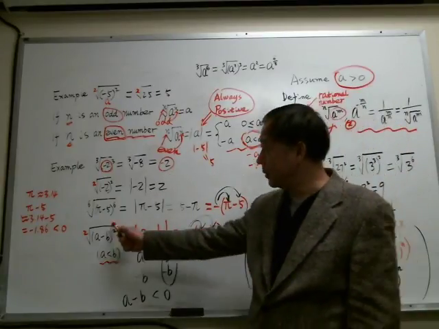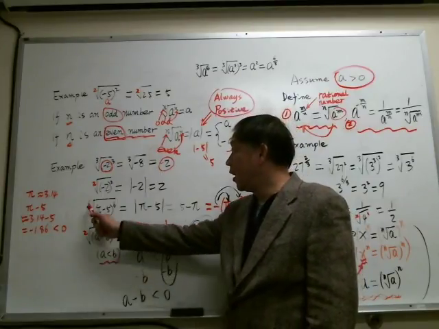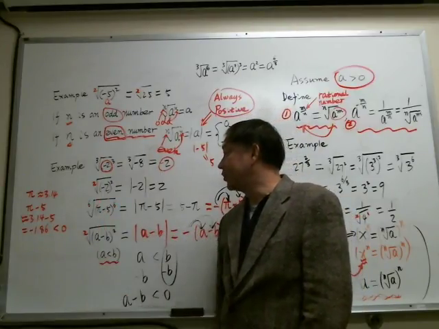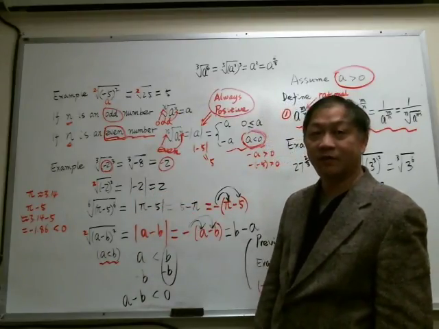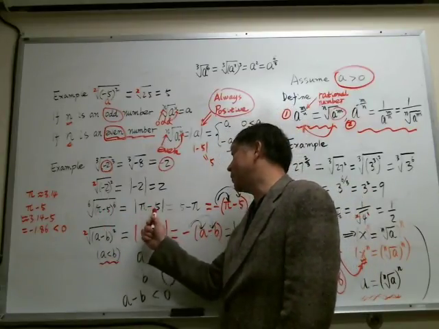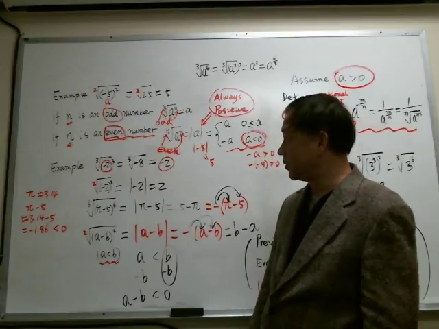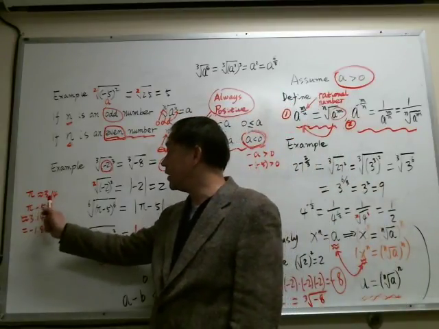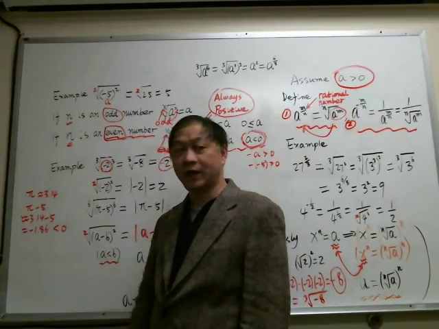Now how about this one? Both are even numbers. So you always get the absolute value, which is a positive value, of pi minus 5. Pi minus 5 is a negative number, because pi is approximately 3.14.